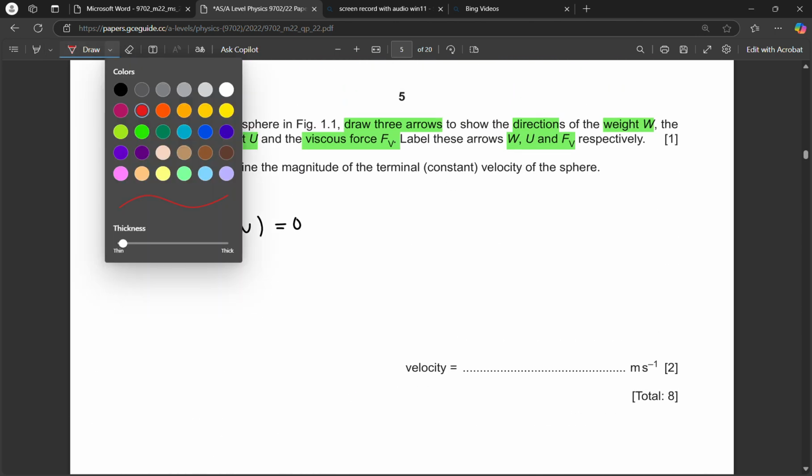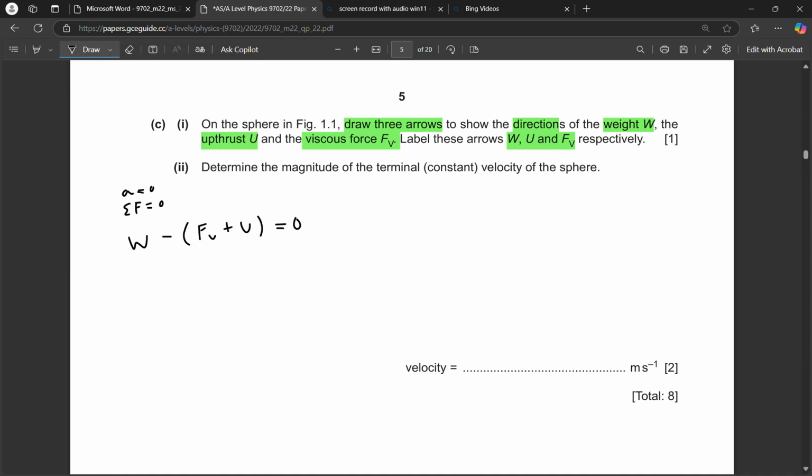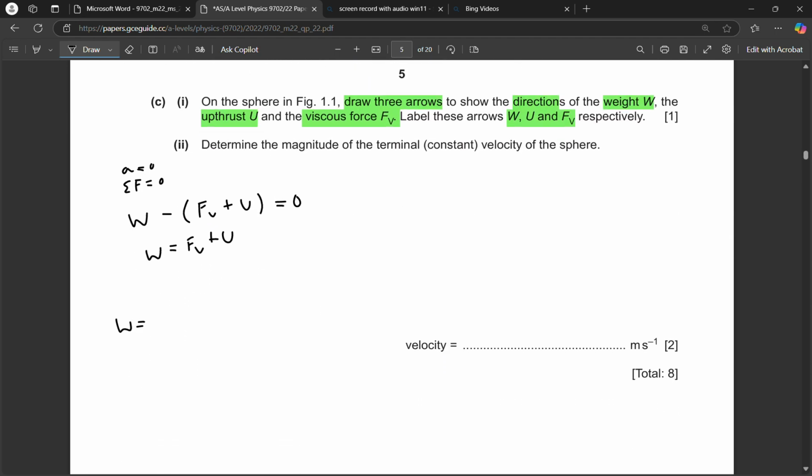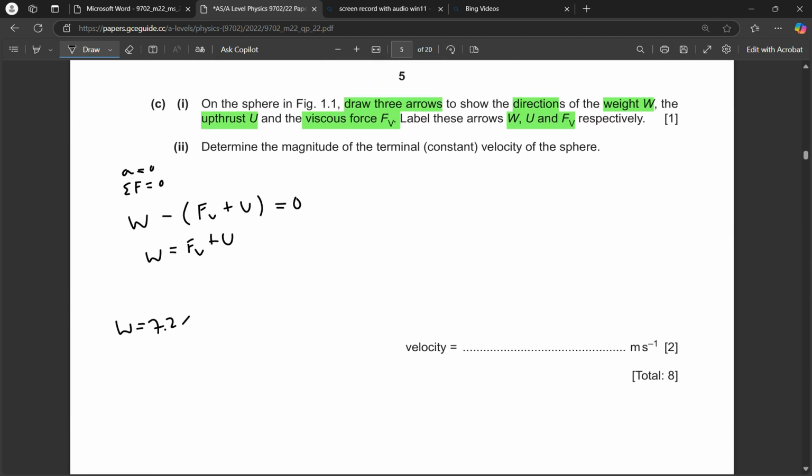Forces are vectors, so it's very important to make sure you get their directions right. Okay, so this can also be written as W equals FV plus U, because we moved this entire thing to the right hand side. So the weight is given as 7.2 times 10 to the power negative 4 newtons.